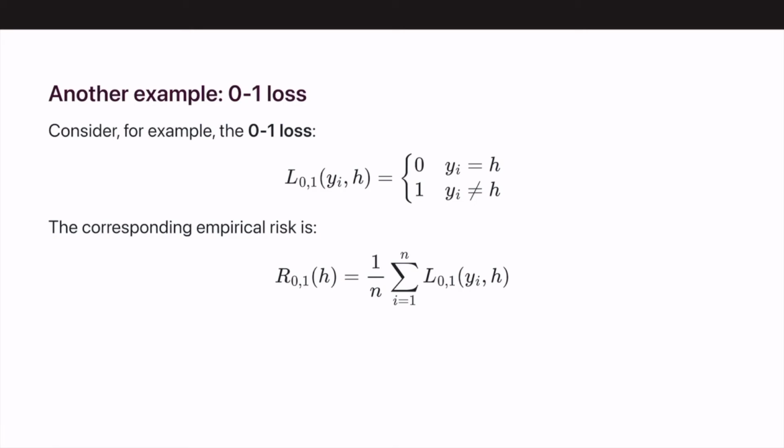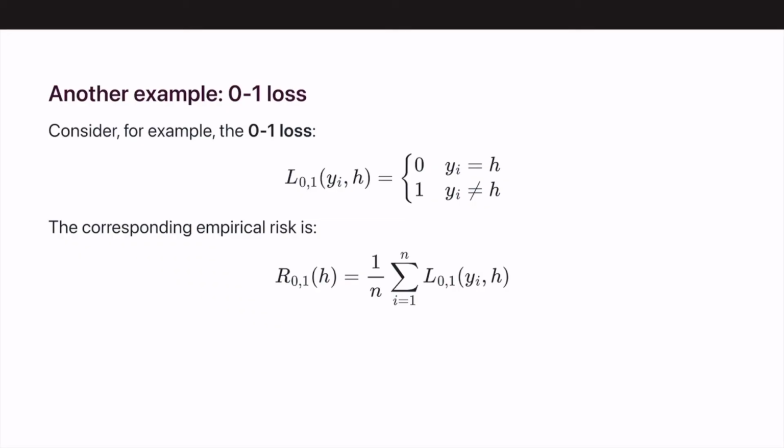All right, so let's go ahead and look at this final loss function. This is called the 0,1 loss. And in this case, what we're trying to do is say that for any value in our data set, any yi, we're going to look at whatever our prediction was, h, and we're going to assign a value of 0 or 1.